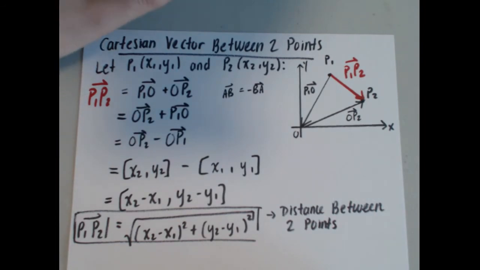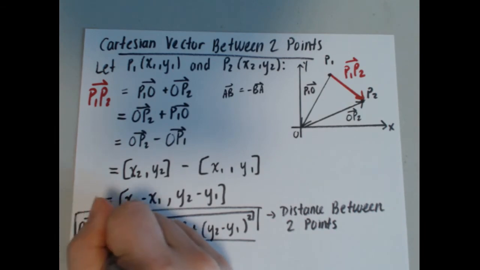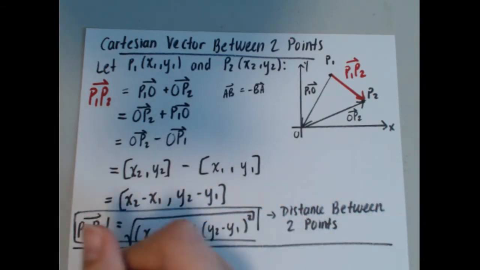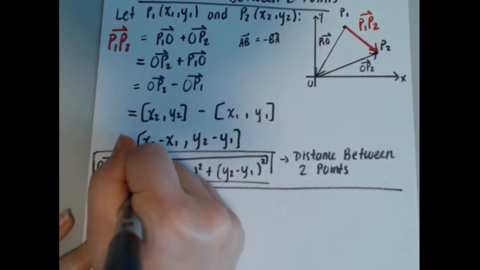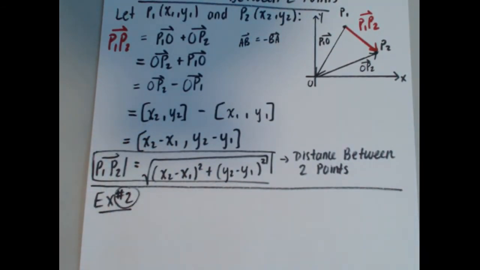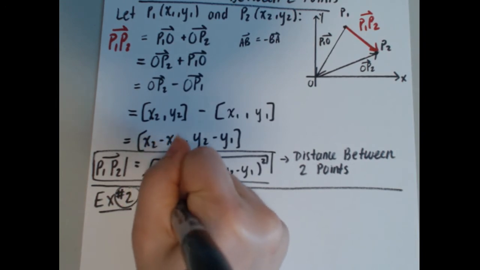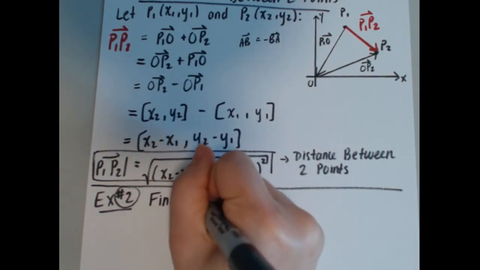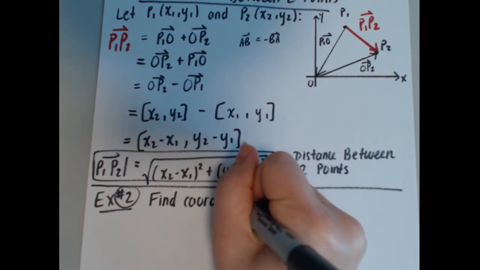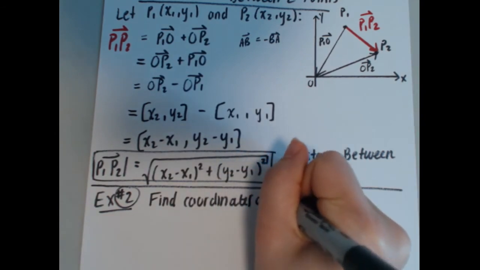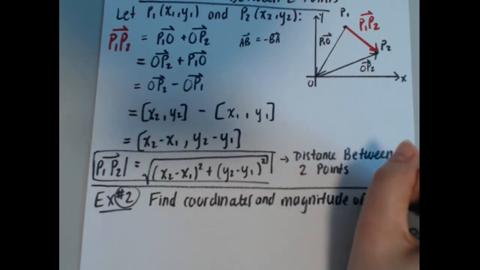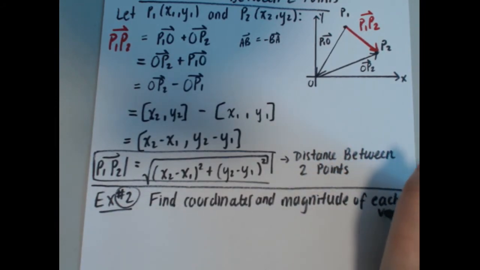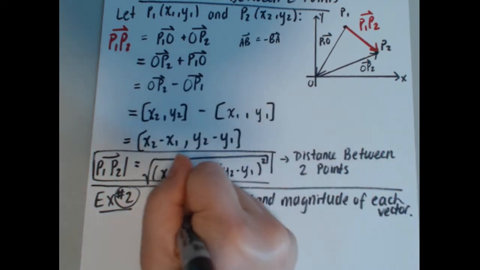So there's that proof. Okay, so now we're going to move on to another example. Find the coordinates and magnitude of each vector.